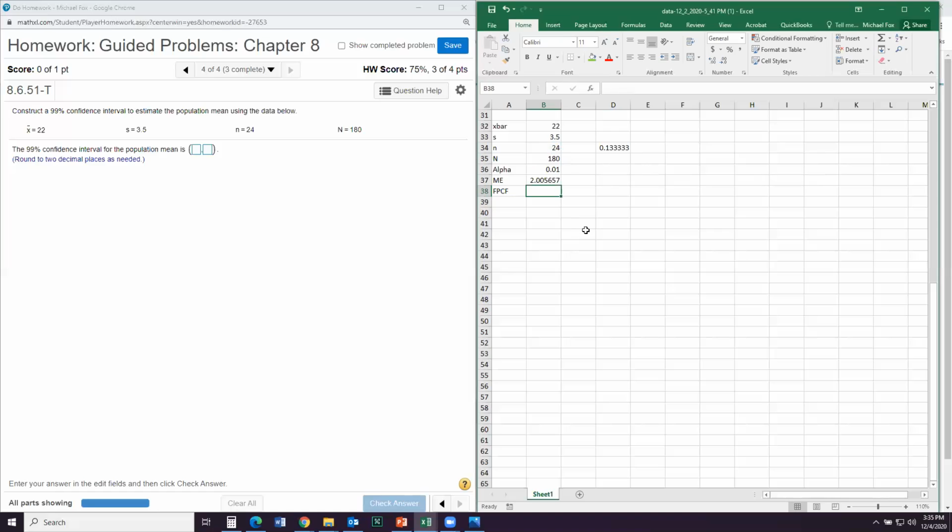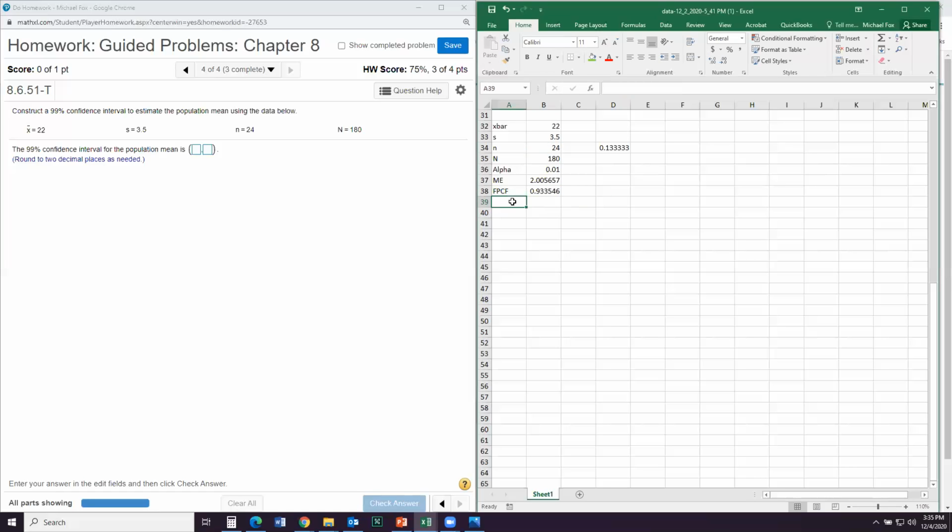The finite population correction factor is the square root of big N minus little n, so the population minus the sample, divided by big N minus 1. That's always the formula for the finite population correction factor.